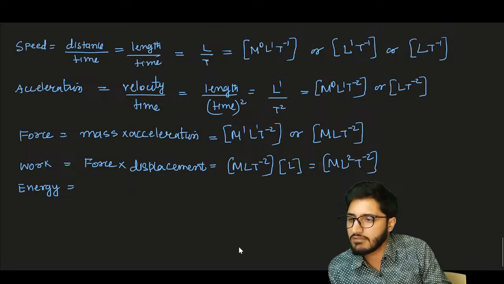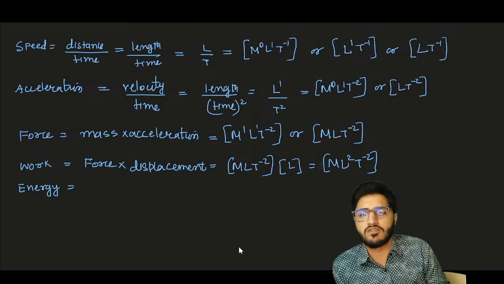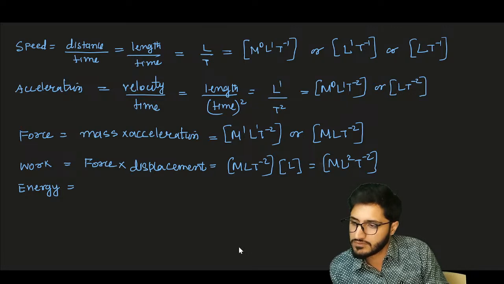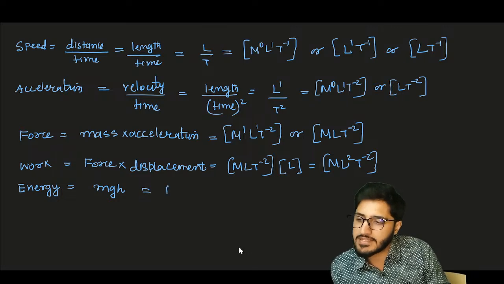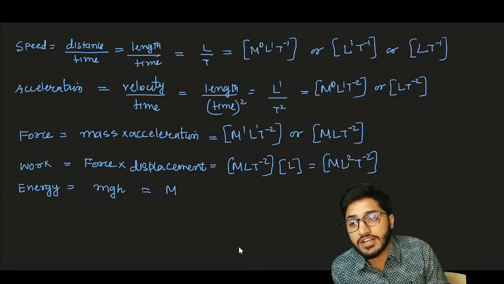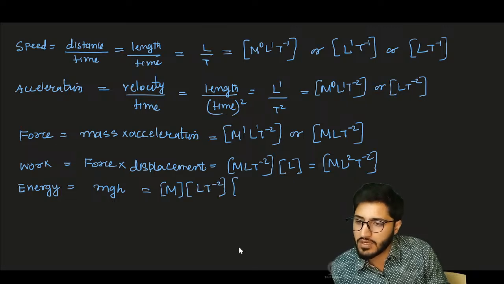So we are having potential energy, we are having kinetic also. I can take kinetic as 1 by 2 mv square, or mgh for potential energy. So what is m? M is capital M. G is acceleration due to gravity. What is the dimensional formula of acceleration? It is LT minus 2. What is h?